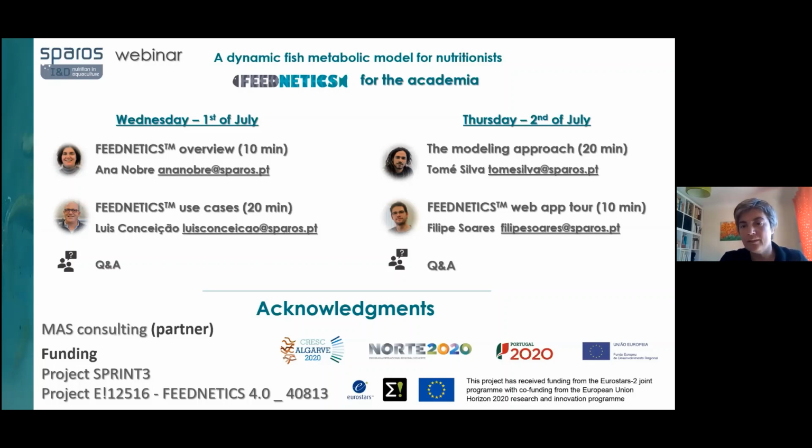Yes. So the concept here, and Tumei will give a bit more in-depth tomorrow about the modeling concept, is that the model works within the ranges, either temperature or the macronutrients range, that are included in the trials that were used to do the calibrations. And so for tilapia, the trials are normally done within the tropical, let's say, conditions.